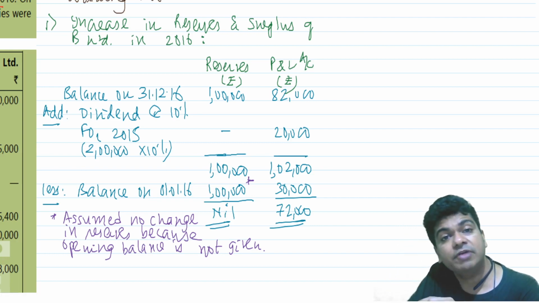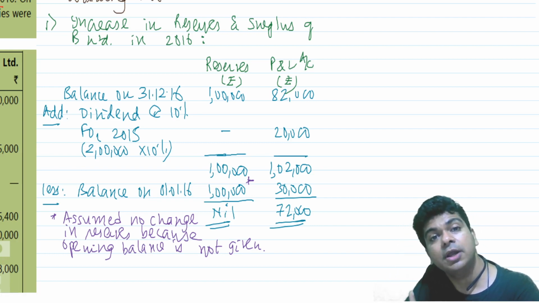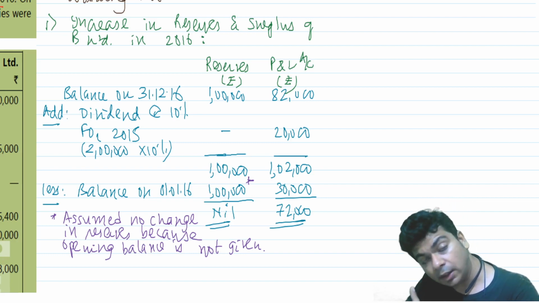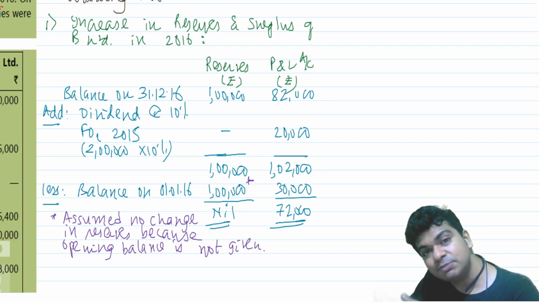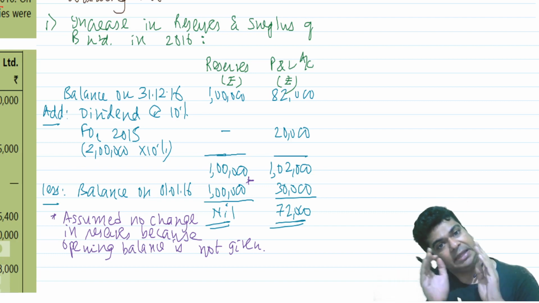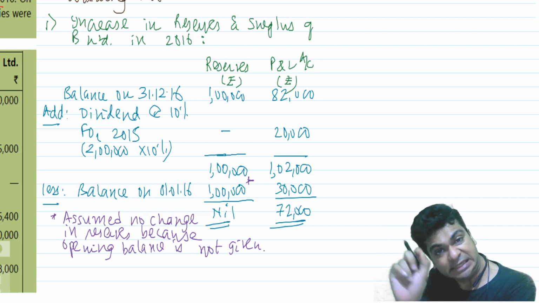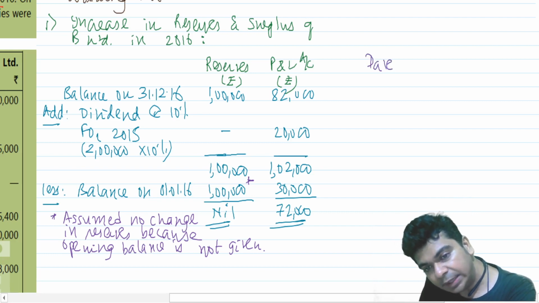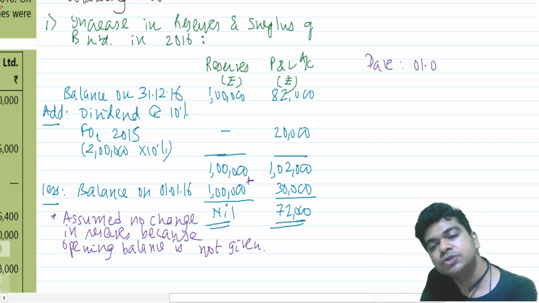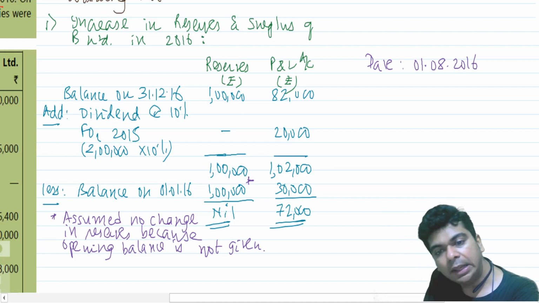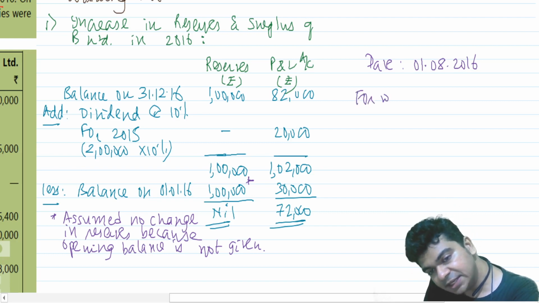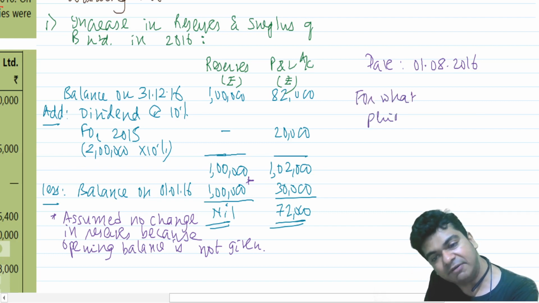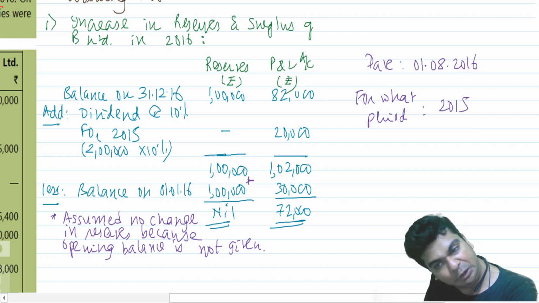Remember one thing. The date on which dividend is paid is not important. The period for which the dividend is paid, that is important. When did you pay dividend? Dividend is paid on 1st August 2016. For what period is dividend paid? For the year 2015.